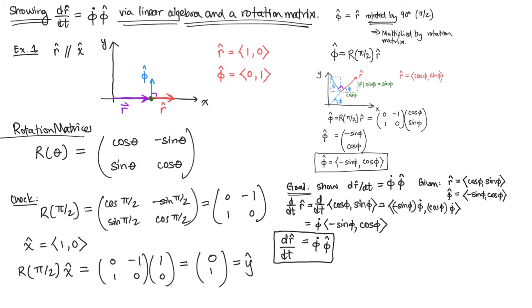So in words, what does that mean? It's saying the faster that you are moving, the faster that your polar angle is changing, phi dot, the more rapidly the r hat vector is changing. And that actually is sensible, right?